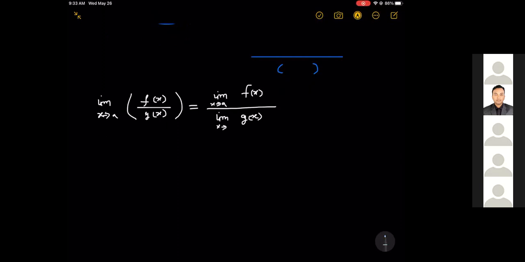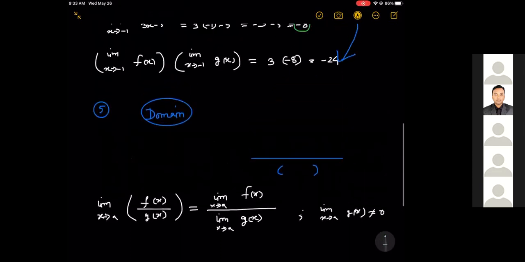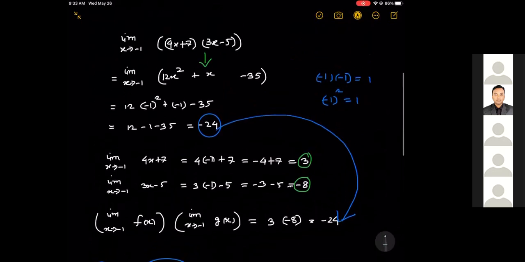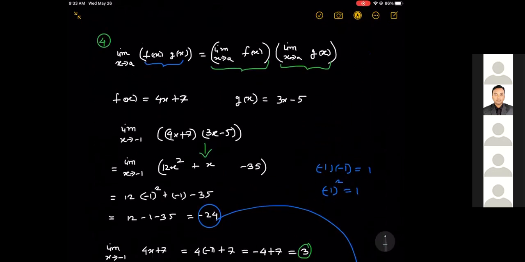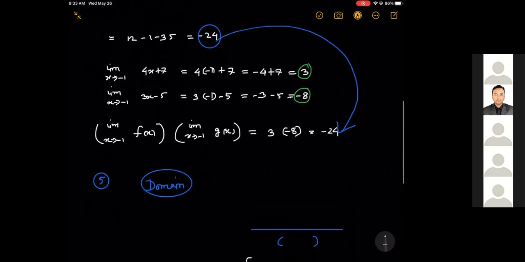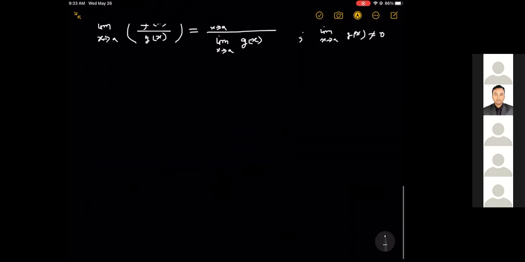Okay, it's the same thing. Again, the denominator can't be 0. We can use the same two functions, which are 4x plus 7 and 3x minus 1. Let's see. I think it will work, because g of x is not 0. We already have it. It's -8. Yeah, so I think we can use it.